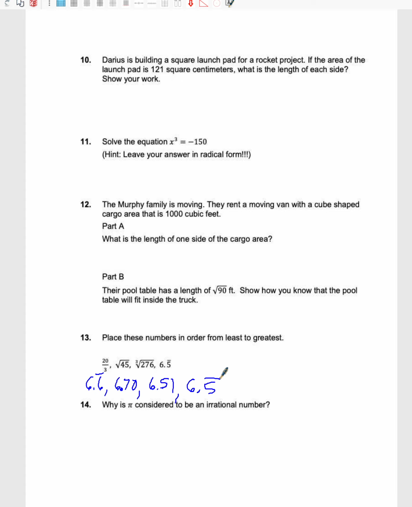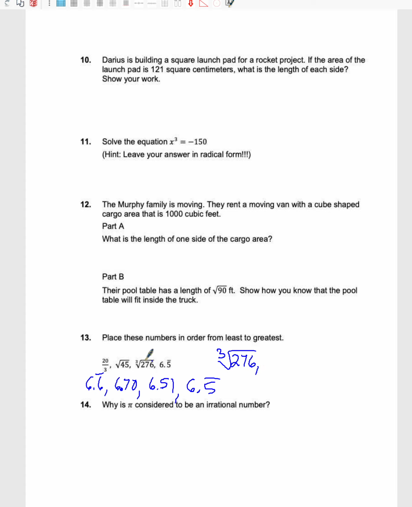Cool. So now we've got them all as decimals, we can put them in order. What's the smallest number? 6.51, so our first one needs to be cube root of 276. That's the first one on my list.